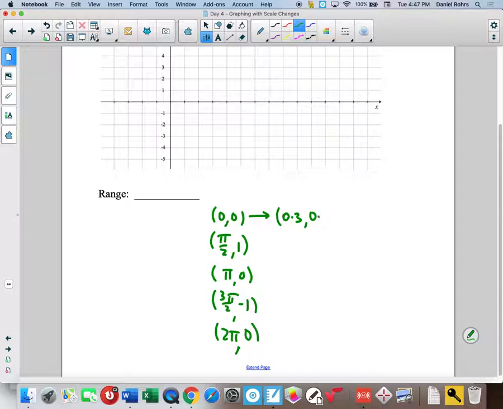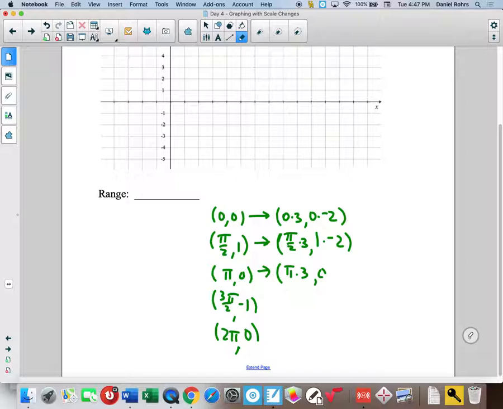So this is 0 times -2. We're multiplying pi over 2 by 3, and we're multiplying 1 by -2. We're doing that for all of our coordinates.